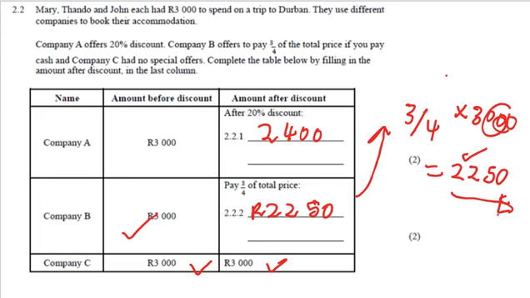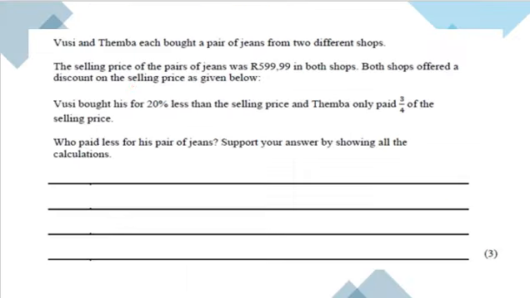At the end of the video, you have to get some challenge problem. So I prepared the challenge problem for you already. This is our challenge problem. It says Vusi and Temba each bought a pair of jeans from two different shops. The selling price of the pairs of jeans was 599.99 in both shops. The shops offer discounts on the selling price.